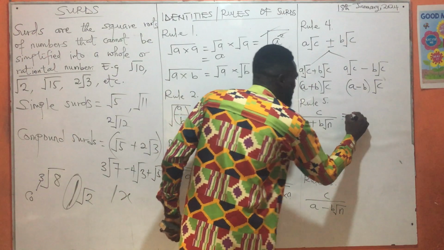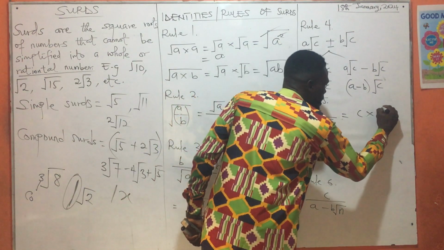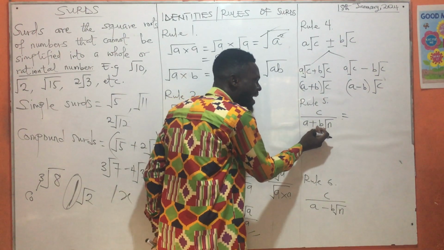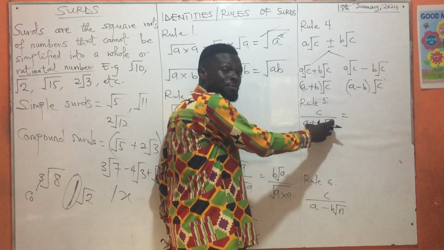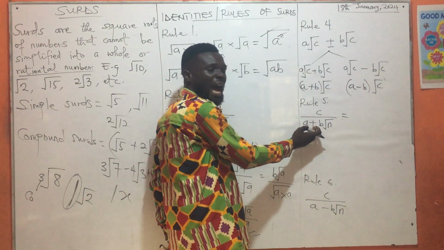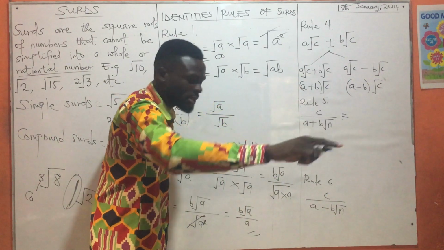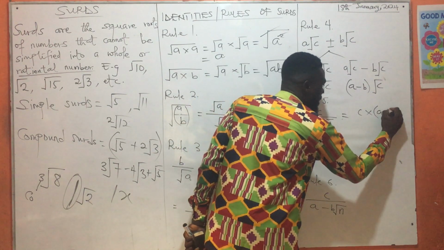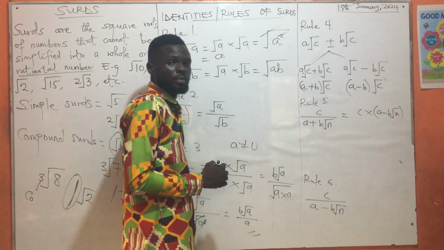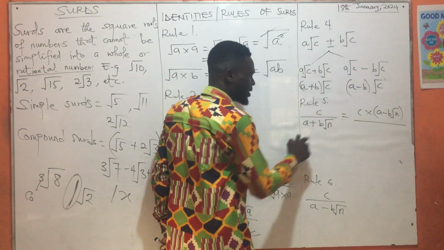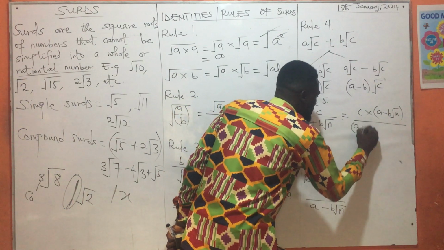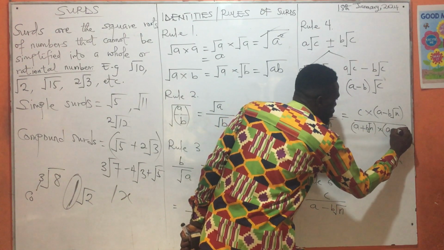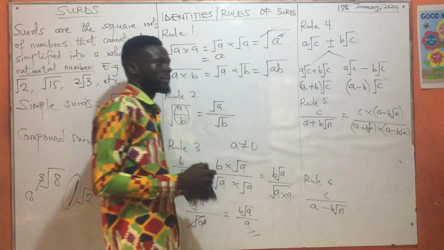So we are going to say C times A plus, we are going to multiply the numerator by the inverse of the denominator. So instead of addition, we will multiply with subtraction. So we are going to say C times this A minus B set n all over this denominator, which is A plus B set n, times A minus B set n. Then you do the calculation.